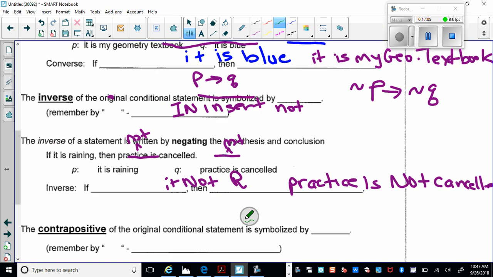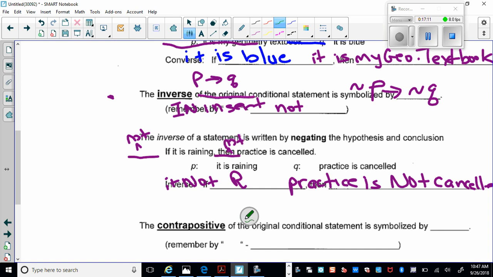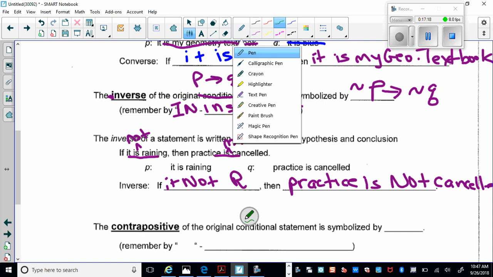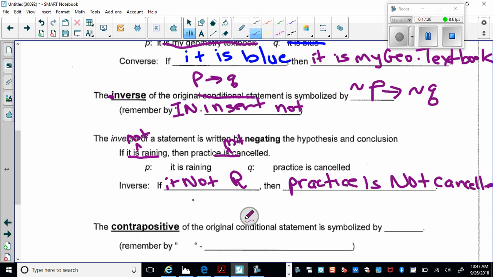That's what you have to remember. If it is not raining, then practice is not canceled. That's what we have to do.